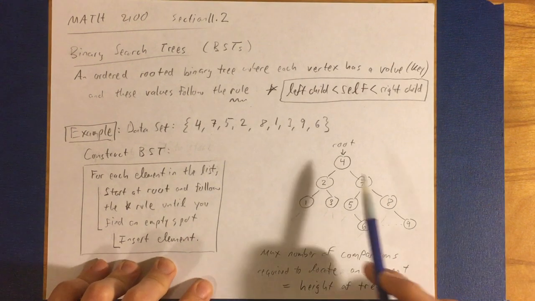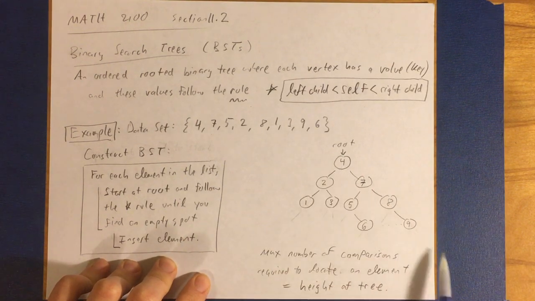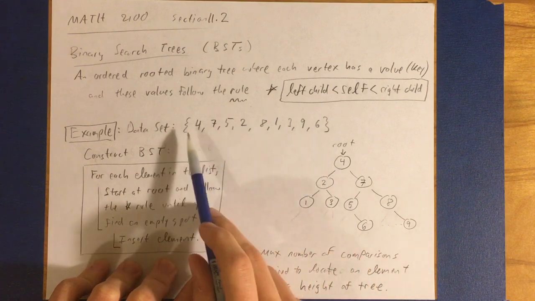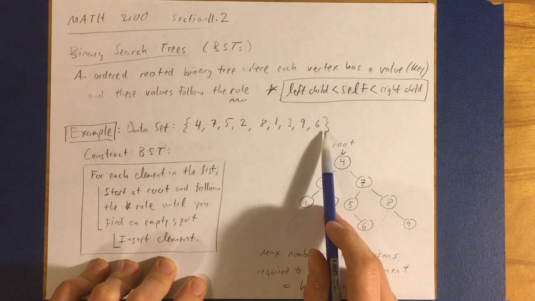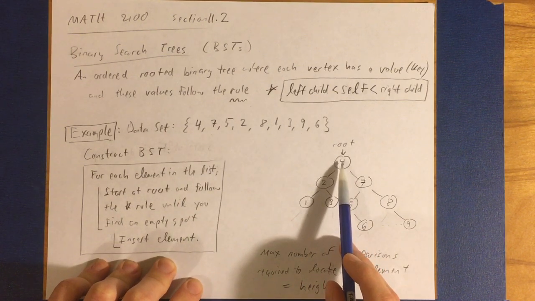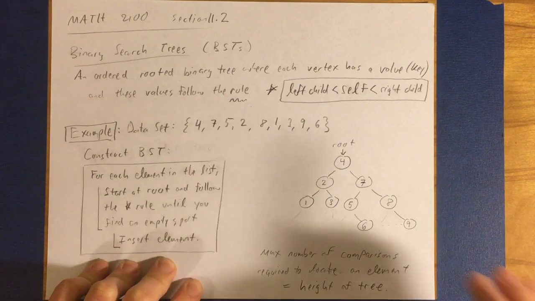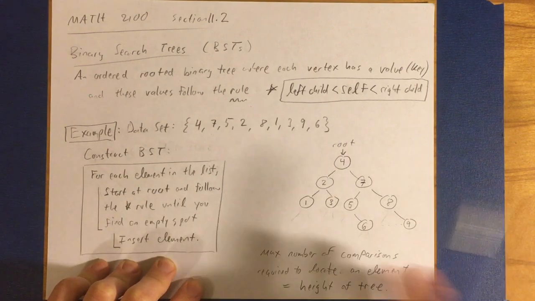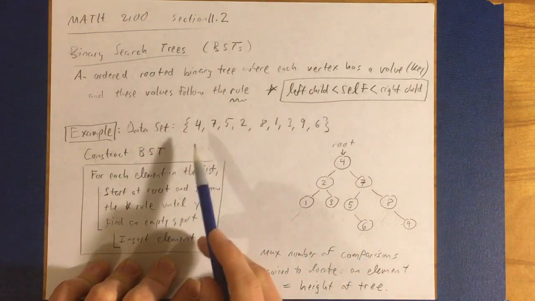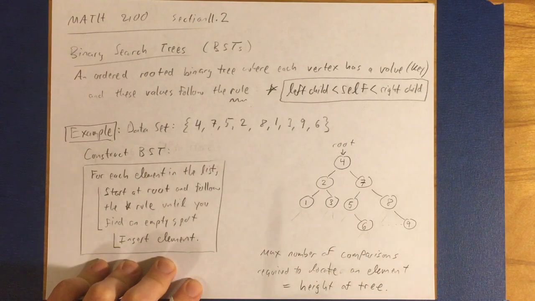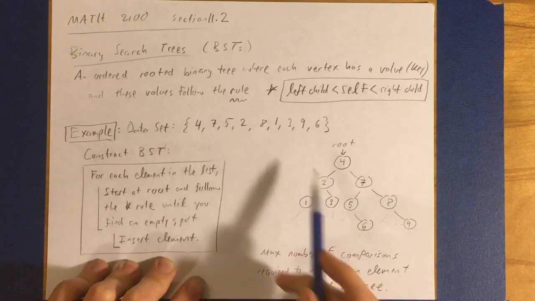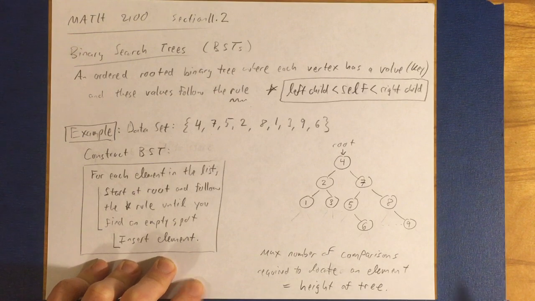So, for example, if these were going in order, 1, 2, 3, 4, 5, 6, 7, 8, 9, then we would have had 9 levels and a height 9 tree. That is no more efficient than just an array. So that's kind of boring. In fact, it's pretty much identical to an array. It's just like a linked list.